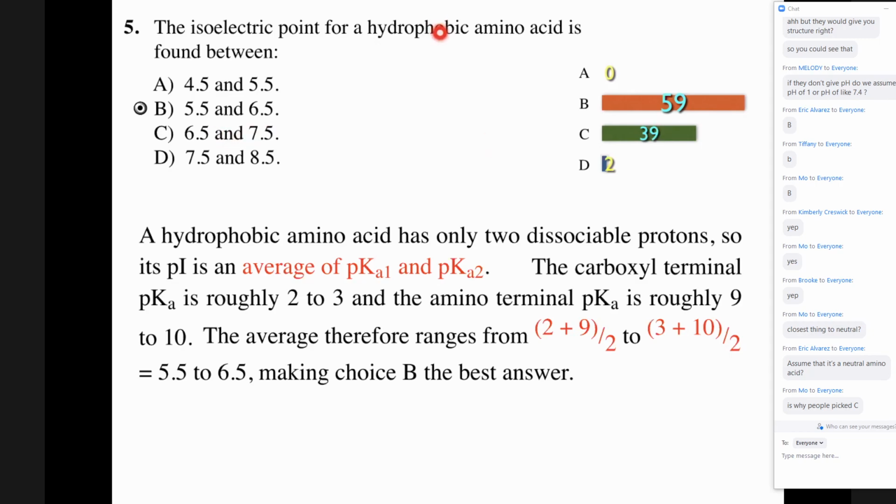They thought hydrophobic is neutral, neutral is 7. Really want to emphasize this. Neutral for isoelectric point is 6. So hydrophobic's around 6, meaning if you do isoelectric focusing, at the end of isoelectric focusing, where will most of your proteins be found? At what pH?